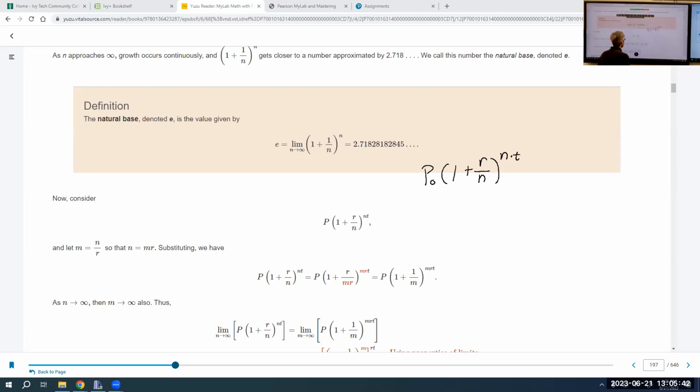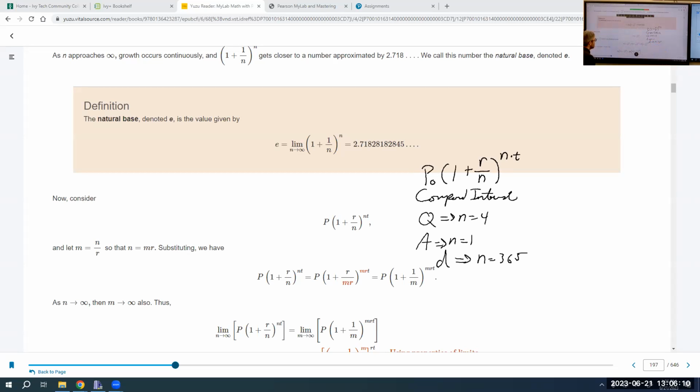Okay, this was compound interest. So if you have something like quarterly, that implies that n equals 4. If you have annual, that's just n equals 1. If you have something like daily, that implies that n equals 365.